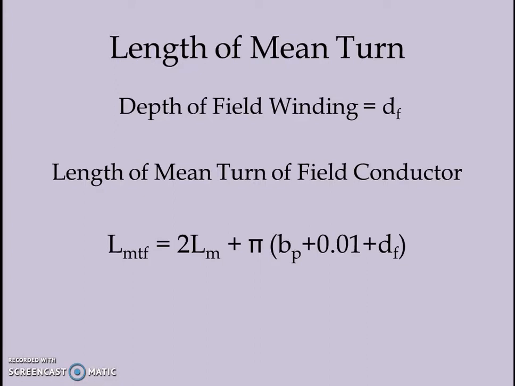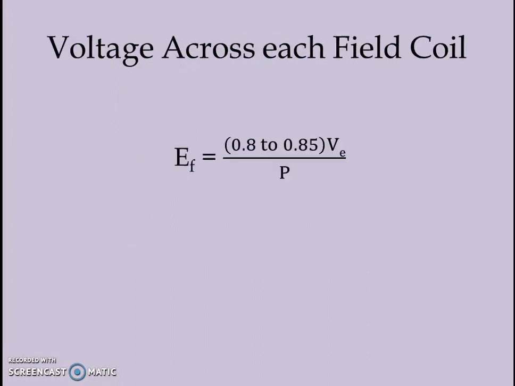As I said, we leave 5 millimeter plus 5 millimeter space on both sides, so it is 0.01, plus dF, the depth of the winding. So from this empirical formula, we can get the length of the mean turn.